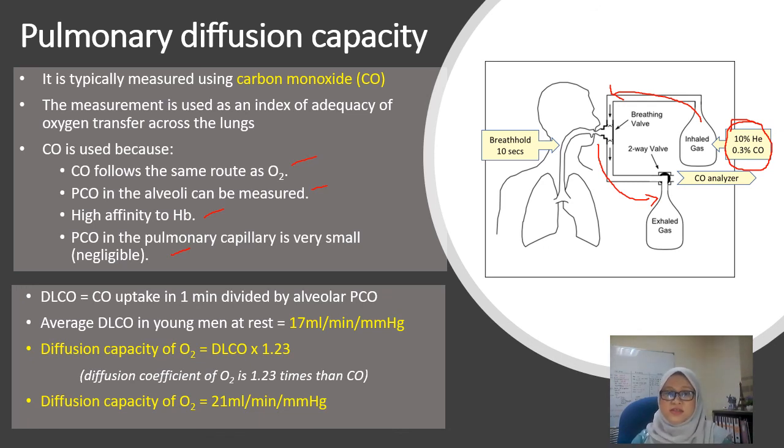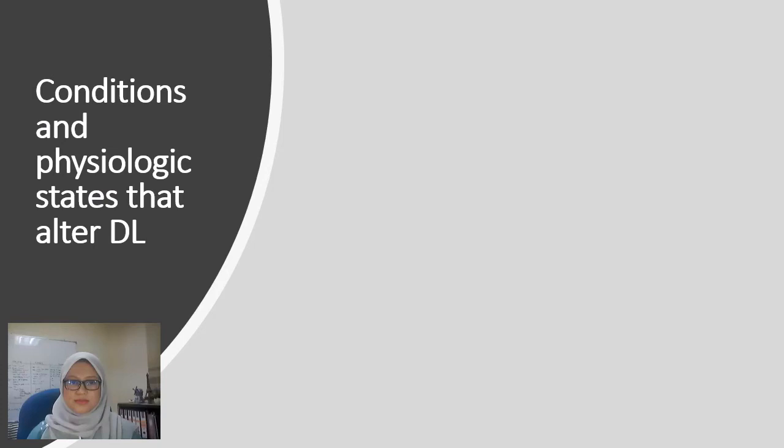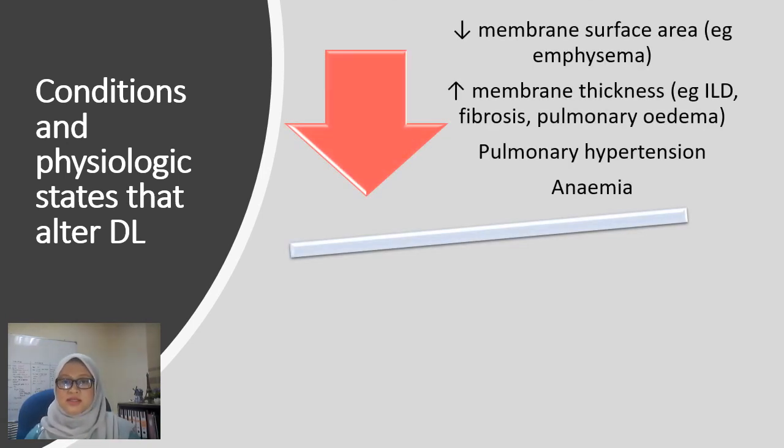So if there is an increase or decrease in DLCO, we may be able to suspect diseases. For example, in emphysema, DL is decreased because there is destruction of alveoli, which results in a decreased membrane surface area. In fibrosis or pulmonary edema, DL is also decreased because of increase in diffusion distance.